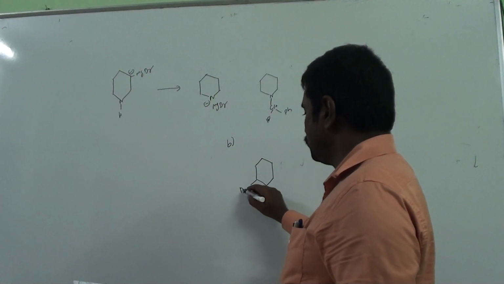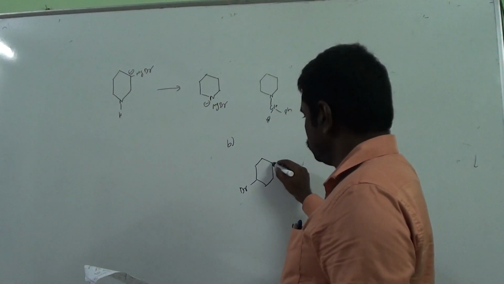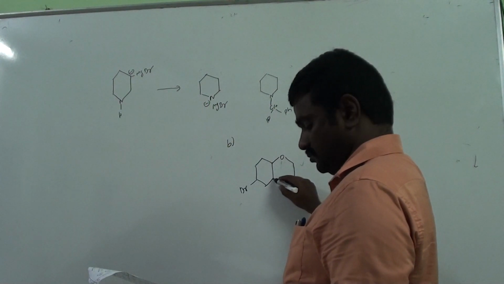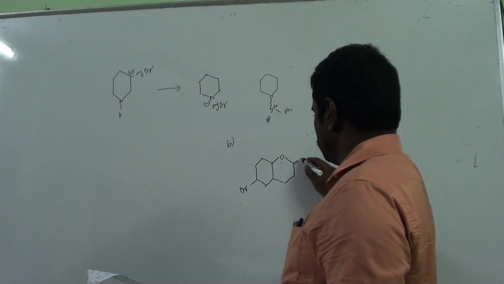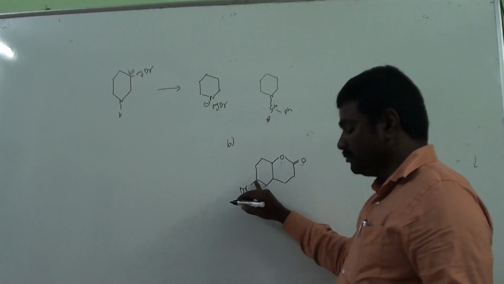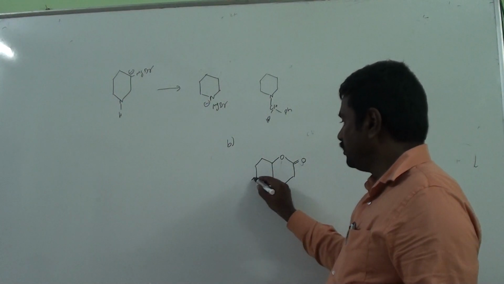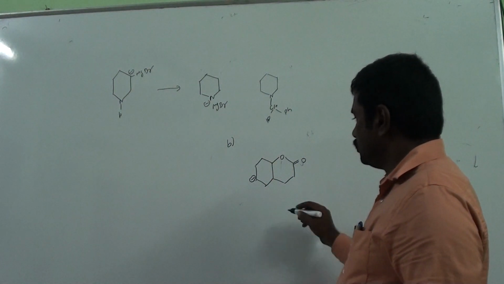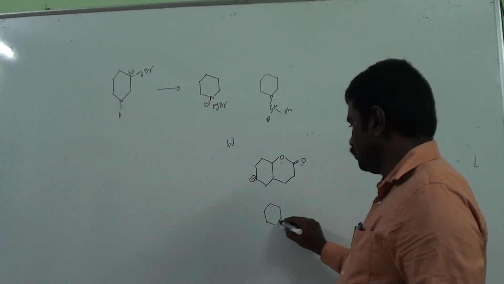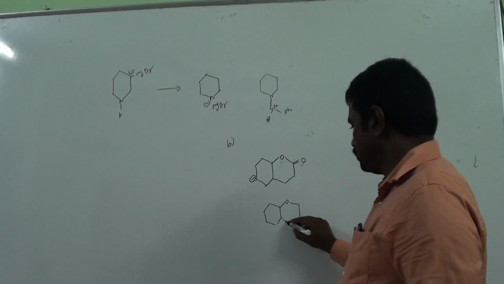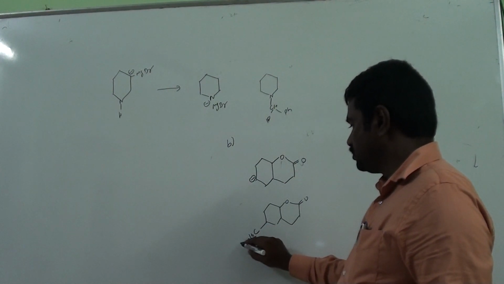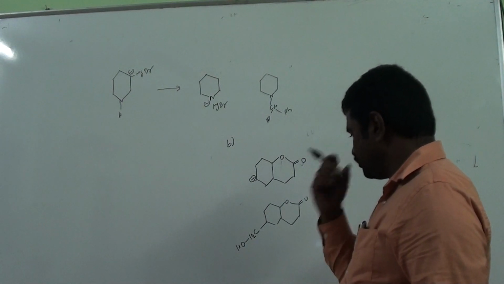So you have Br. So when you have MgBr, C minus, okay. So with formaldehyde, what do you get? You will get CH2OH. You will get CH2O minus.